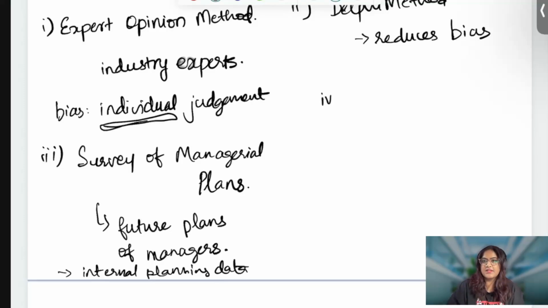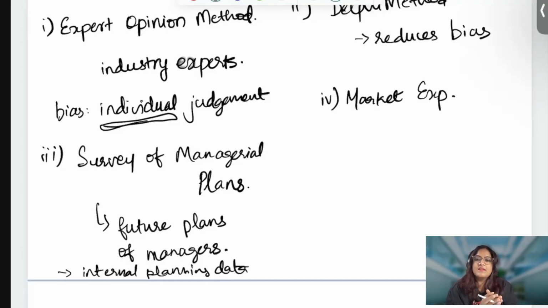And the final method of opinion poll method is market experiments. This is a real world testing method. A company may change the price in a specific region, or introduce a new product in a limited market. Then they will observe how consumers react to that.